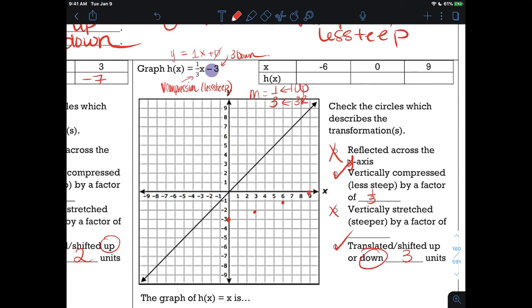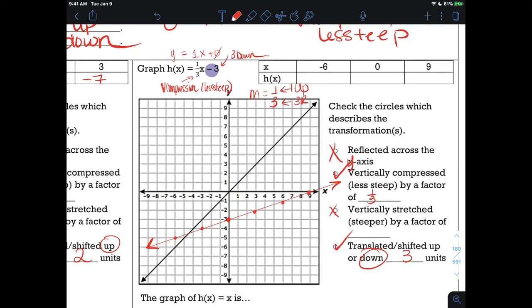In the opposite direction, I do the opposite: down 1, right 3. Down 1, right 3. Down 1, right 3. Now that I have a full graph of points, I'm going to draw my line, including my arrows, just in case anybody gets suspicious about my graph continuing on.